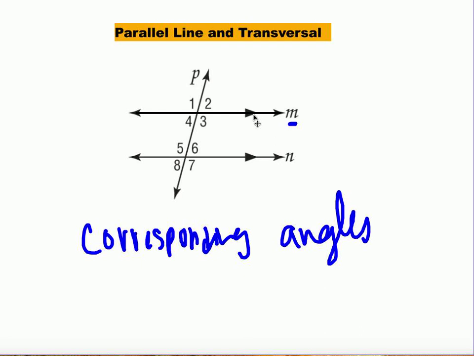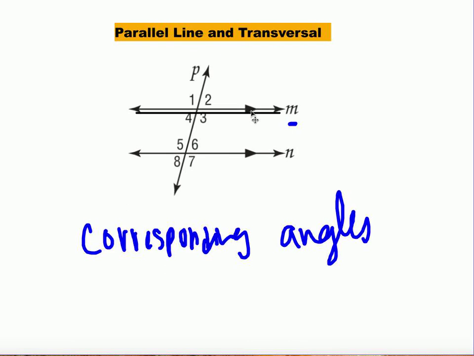sliding this line M, right? Sliding it up and down and positioning it onto line N. So we're going to take this line M right here and slide it down to line N. Or we can also take this line N and slide it up to line M. Now if you slide it up and down, you notice that it's not only going to slide the line, it's also going to take all these corresponding angles.